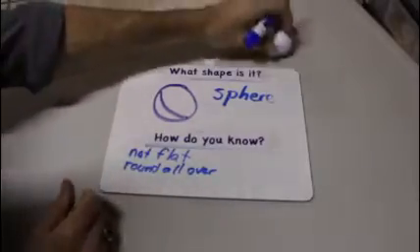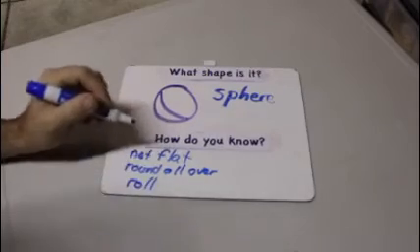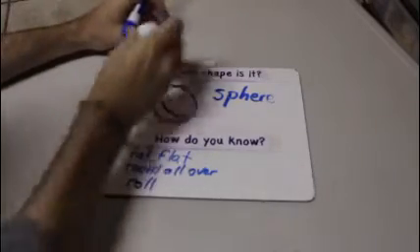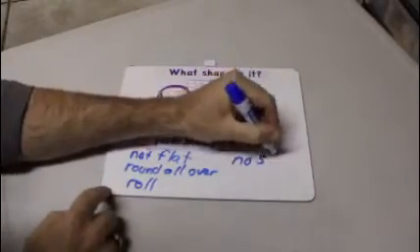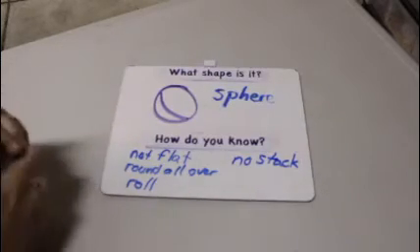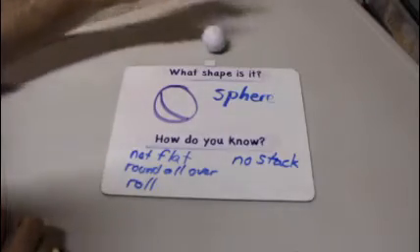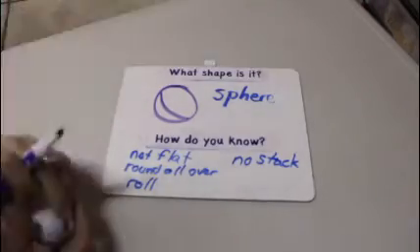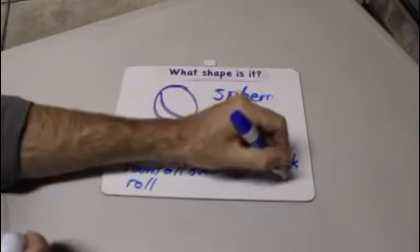It can roll. But it cannot stack. No stack. Remember, you have to have two flat faces opposite each other. And also, it doesn't slide. You have to have a flat face to slide. It wants to roll, so no slide.